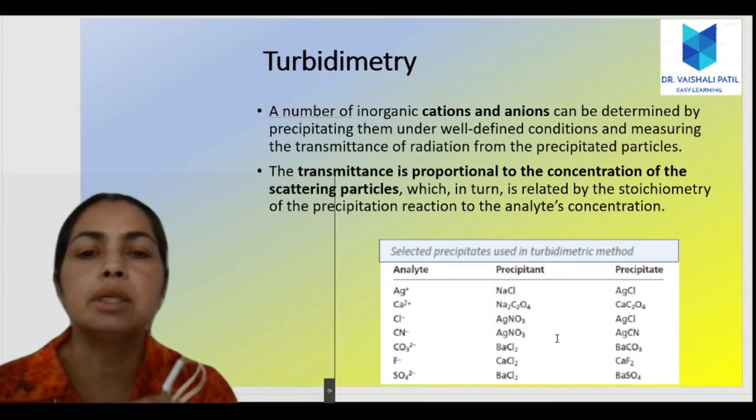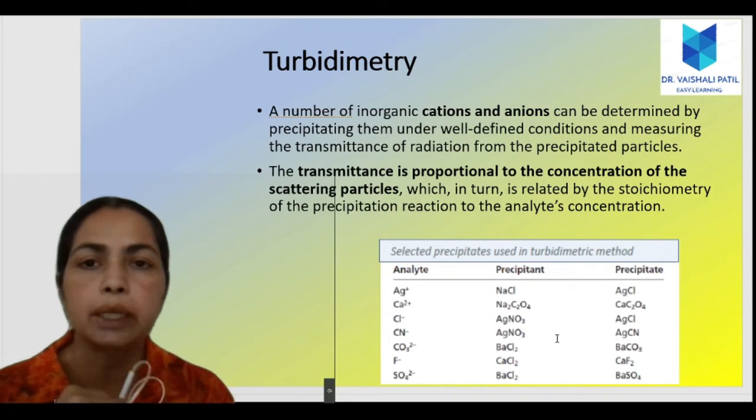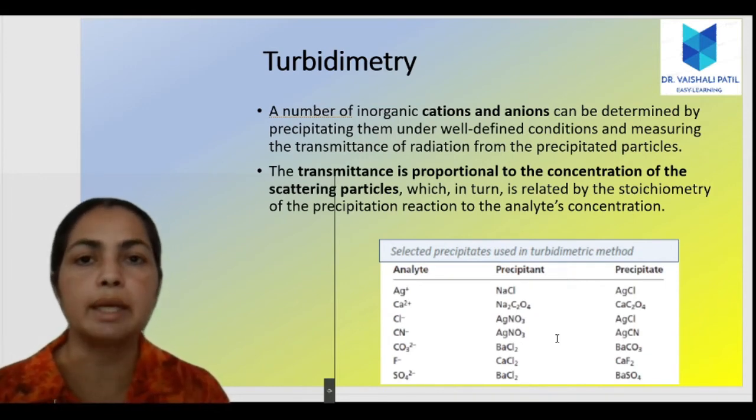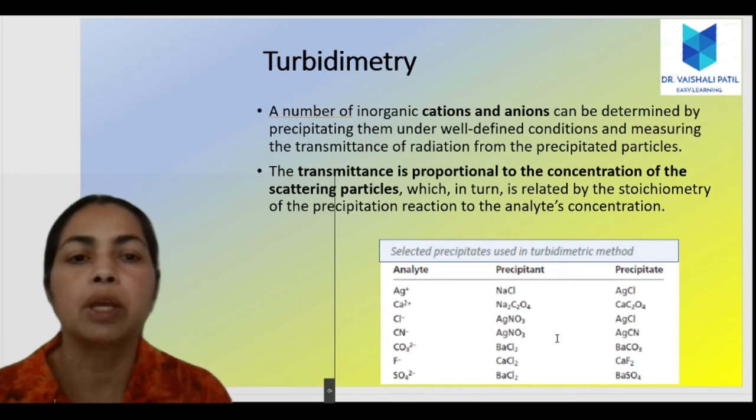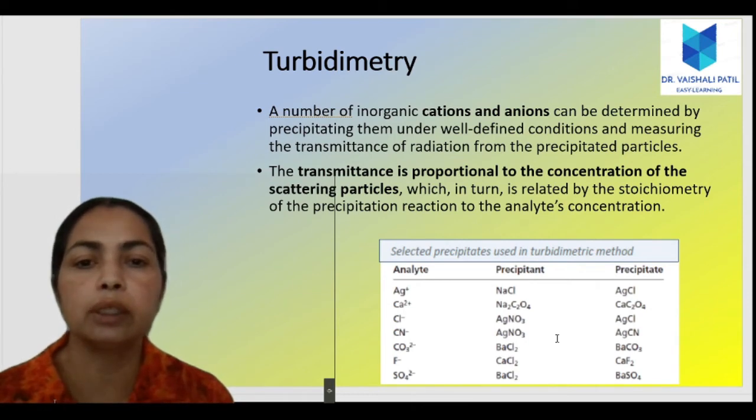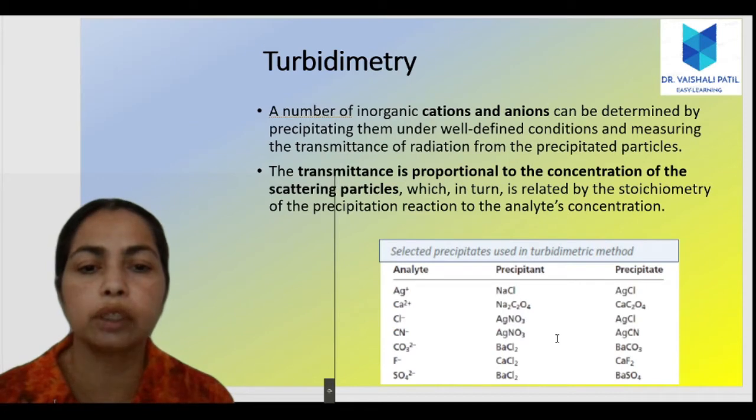Then, where can we apply this method? It can be applied for various inorganic cations as well as anions. Some examples are silver ions, calcium chloride, and cyanides. In turbidimetry we know that the transmittance is proportional to the concentration of scattering particles.